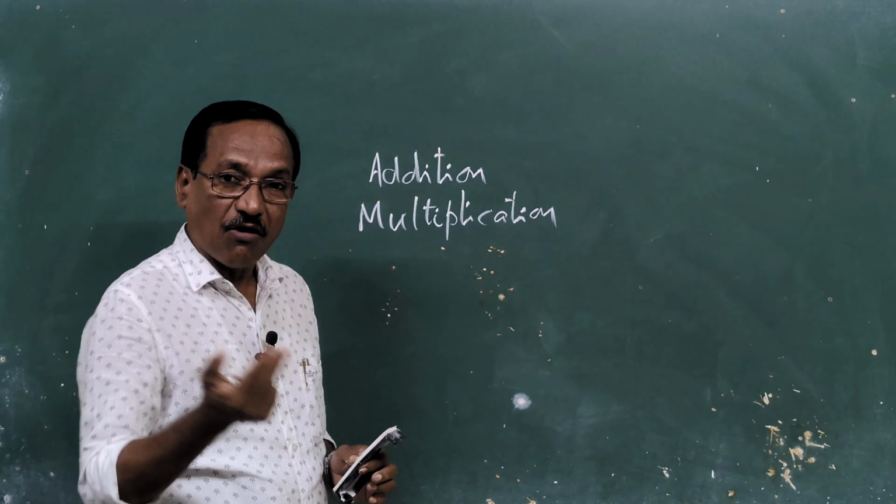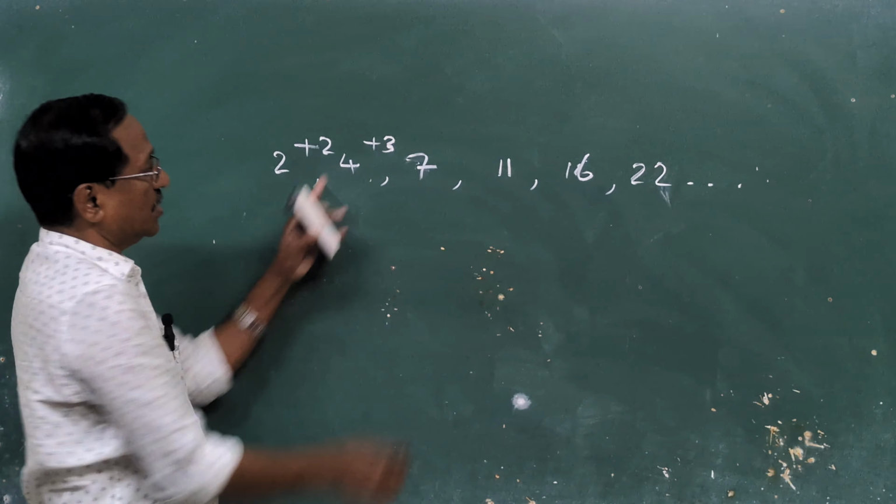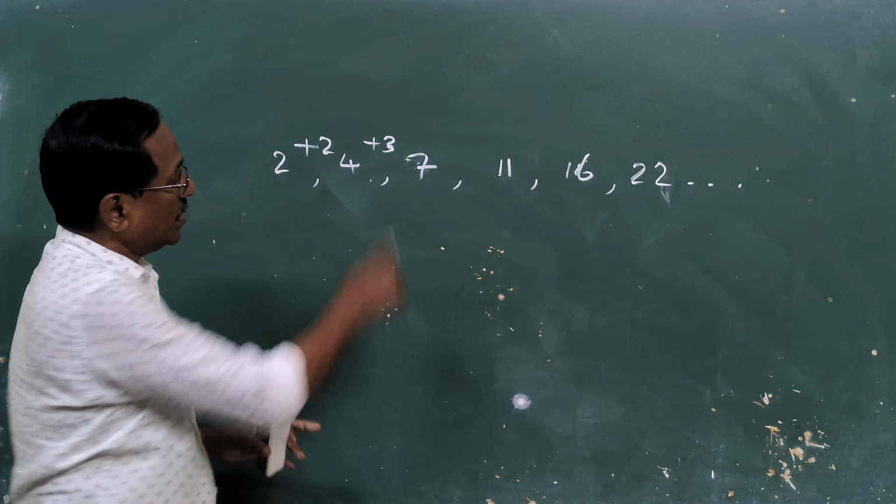You get the second number 4 by adding 2 to this number 2. First number plus 2 gives the second number 4. Then the second number plus 3 gives the third number 7. Then the third number plus 4 gives 11. Then plus 5, 16. Plus 6, 22.